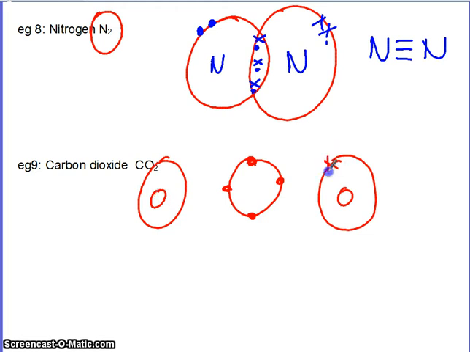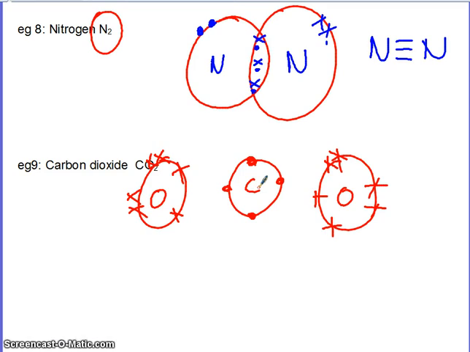It has 6 electrons. So we have to work out how to combine carbon and the 2 oxygens in order to make them effectively happy, in order to give them both complete outer shells.